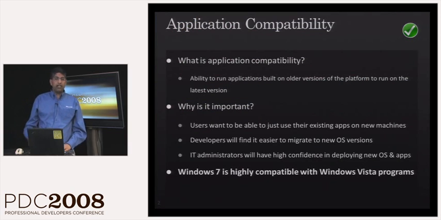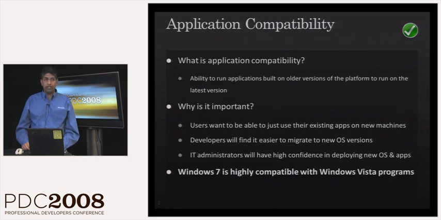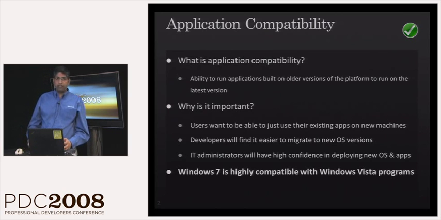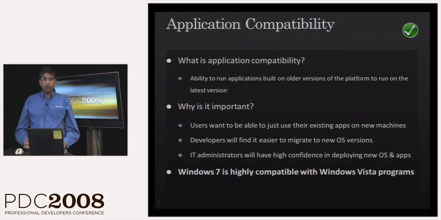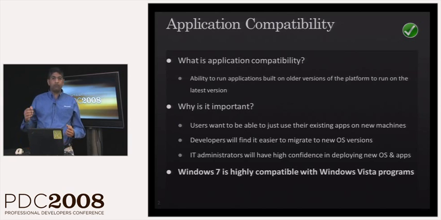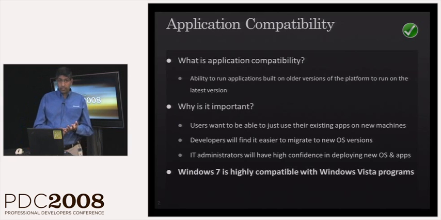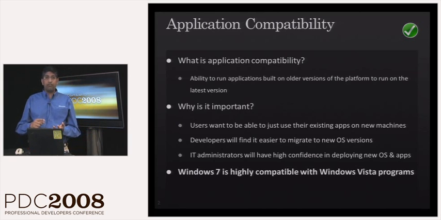So with that in mind, let me give you a little bit of background on why application compatibility is actually important. One of the largest feedbacks from the Windows Vista release and the lessons learned was that application compatibility was one of the top 3 blocking issues for both enterprises and for end-user customers for deployment scenarios and for upgrade scenarios.